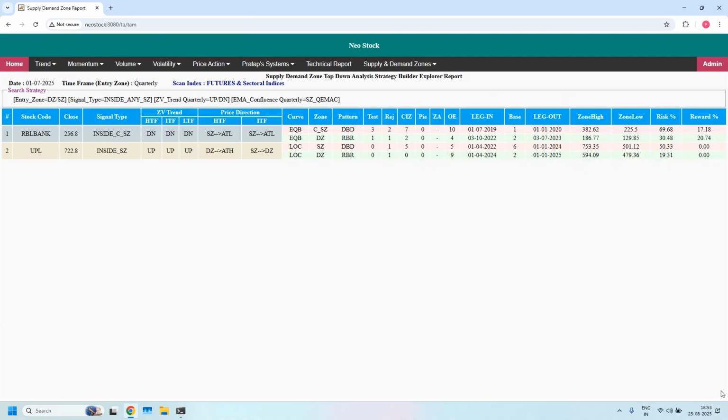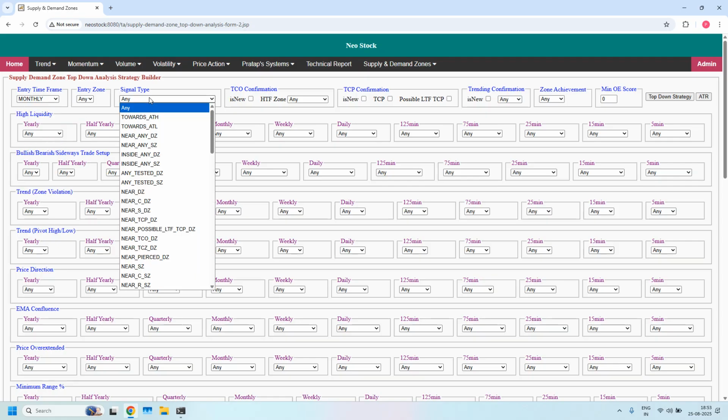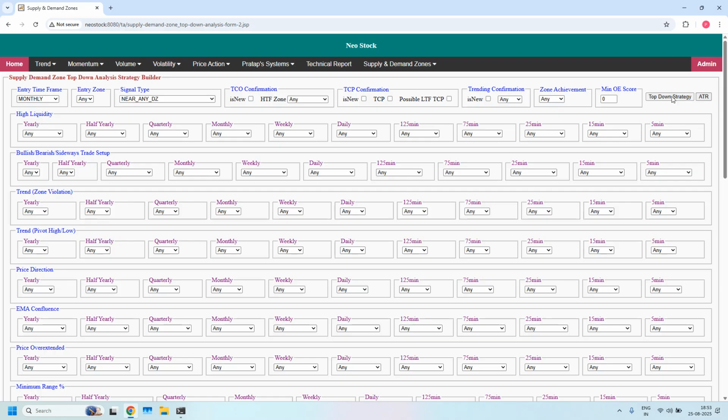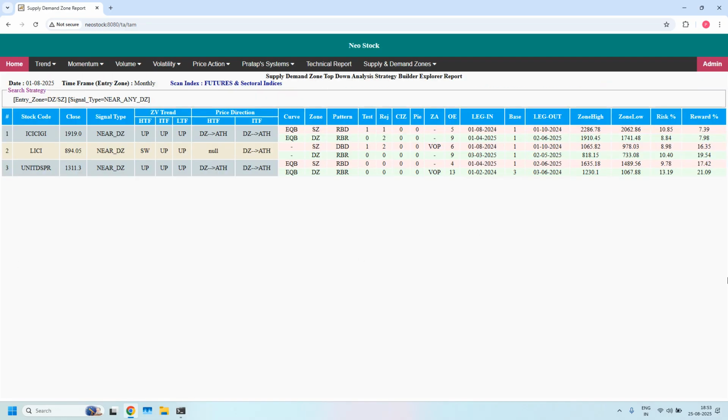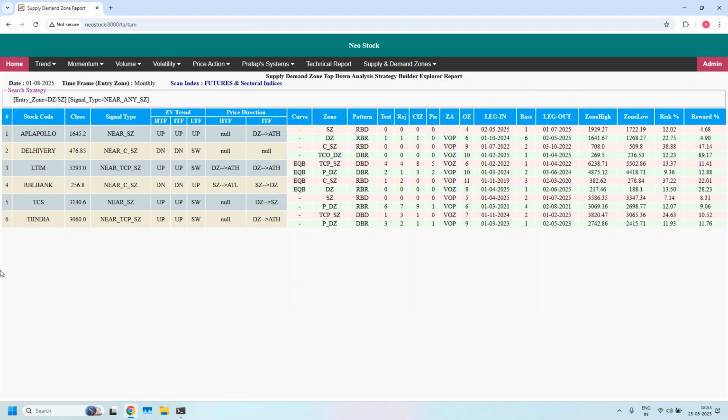We got 2 stocks. Okay, next time frame is monthly. Stocks near to the monthly demand zone, we got 3 stocks. Next, stocks near to the monthly supply zone, we got 6 stocks.